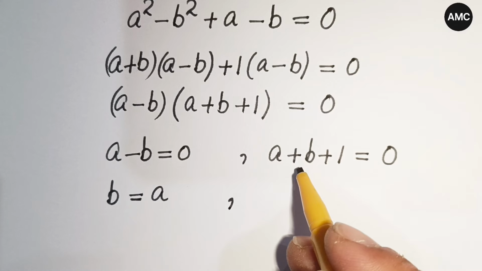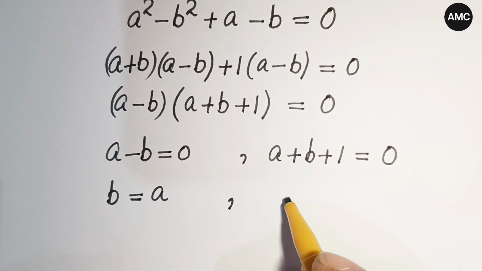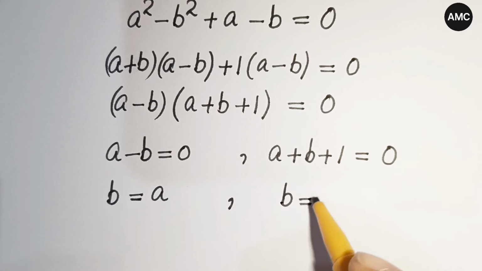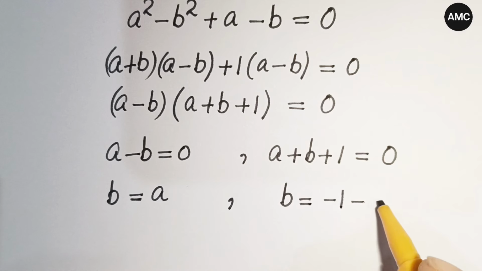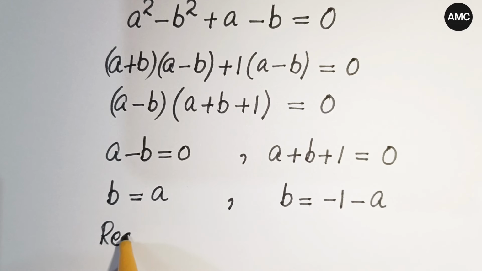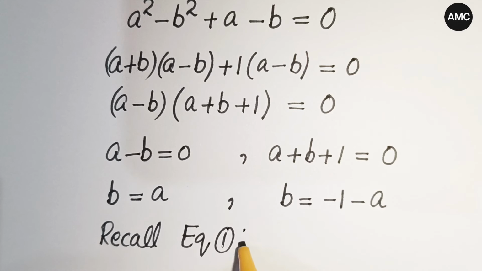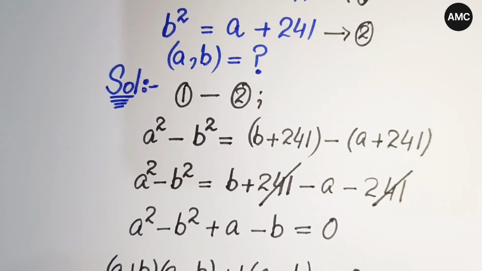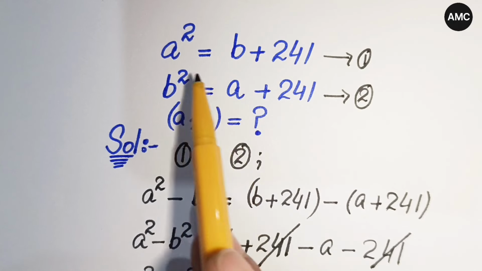Similarly here if we express this equation with respect to b, then b is equal to minus 1 minus a. Now if we recall our equation 1, that is given by a squared is equal to b plus 241.